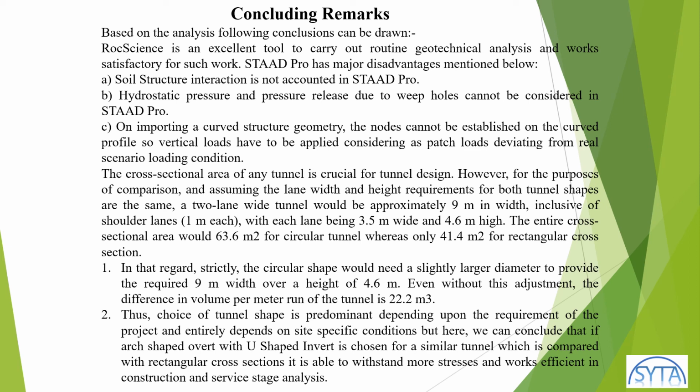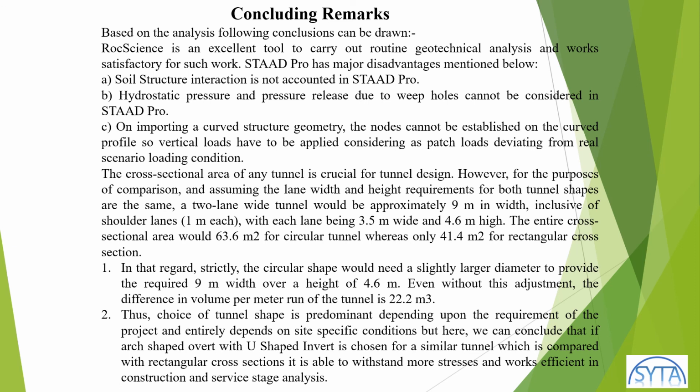If you see, there is a 25% decrement of area, so less excavation area and less construction cost, if we just talk about the cost. But the circular shape would need a larger diameter in comparison to the rectangular tunnel. Even without this adjustment, the difference in volume per meter of the tunnel is around 22.2 cubic meters.